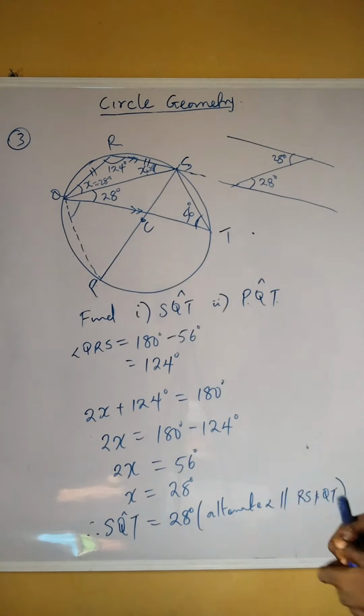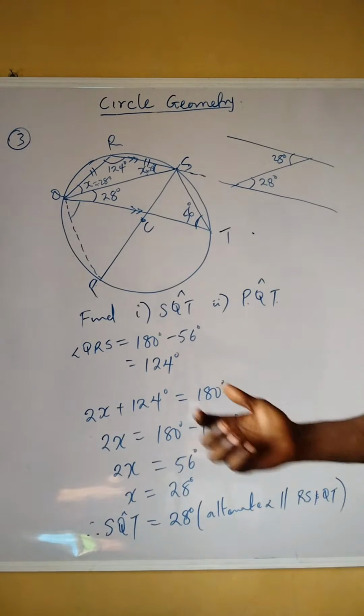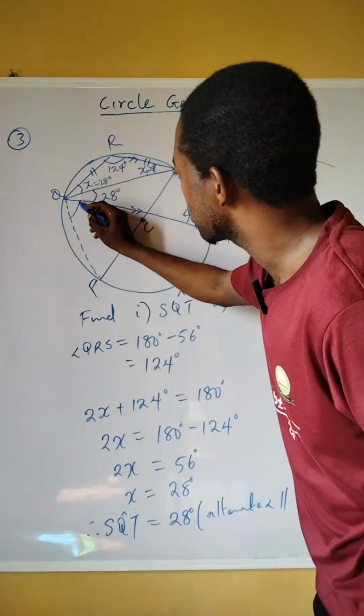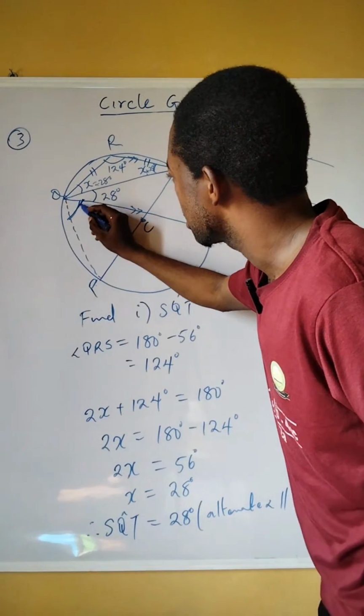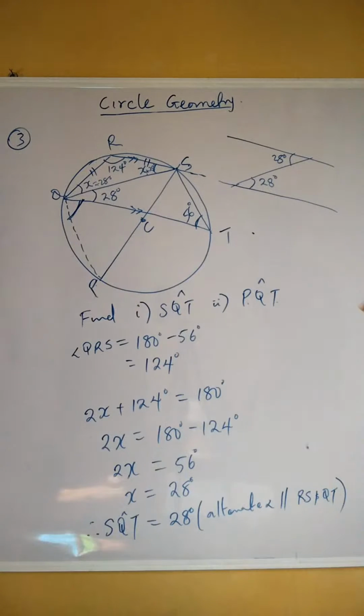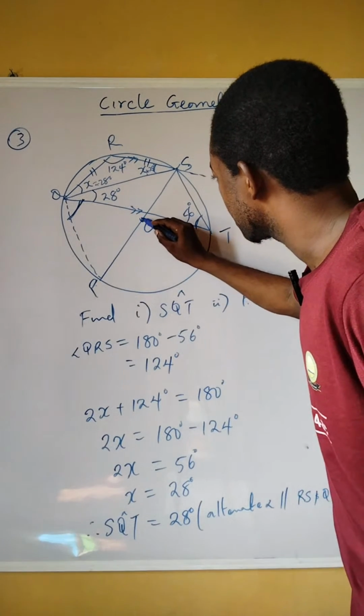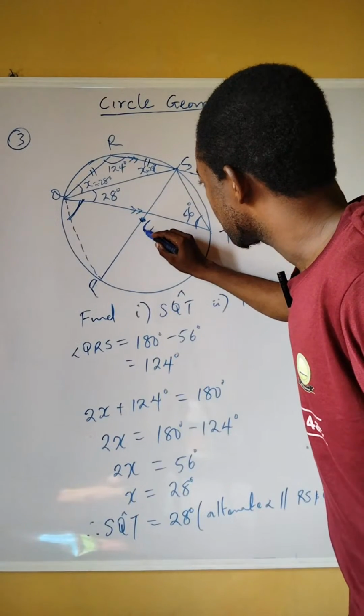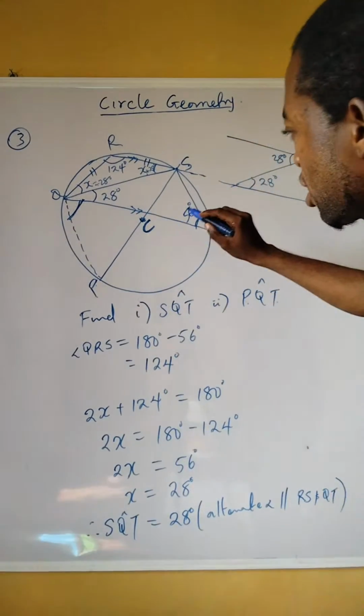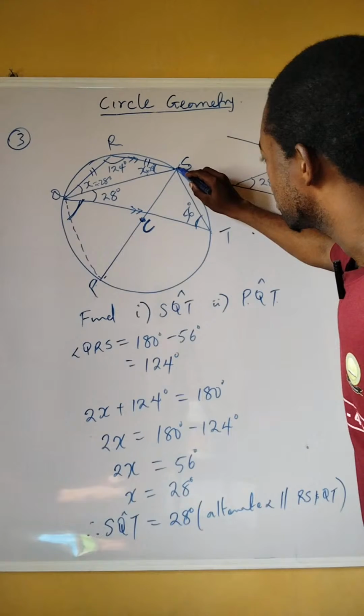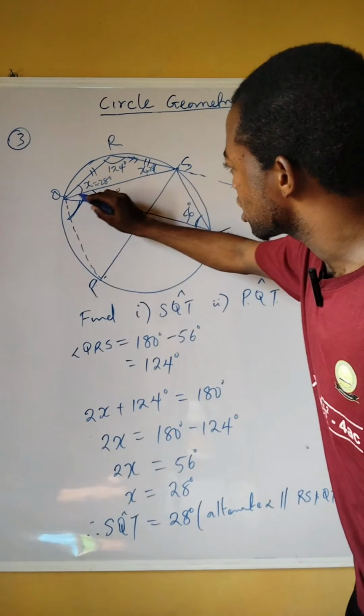Then we are almost done. Why? Because this angle, angle PQT, can now be gotten easily with just a step. What do we need to do? Consider this line passes through the center. PS is a diameter, and the angle formed by a diameter is a right angle.